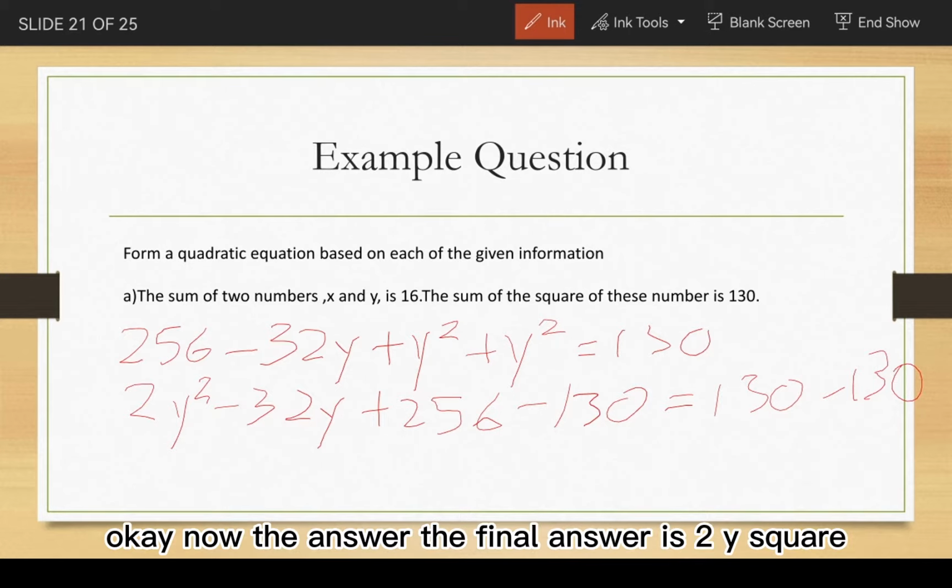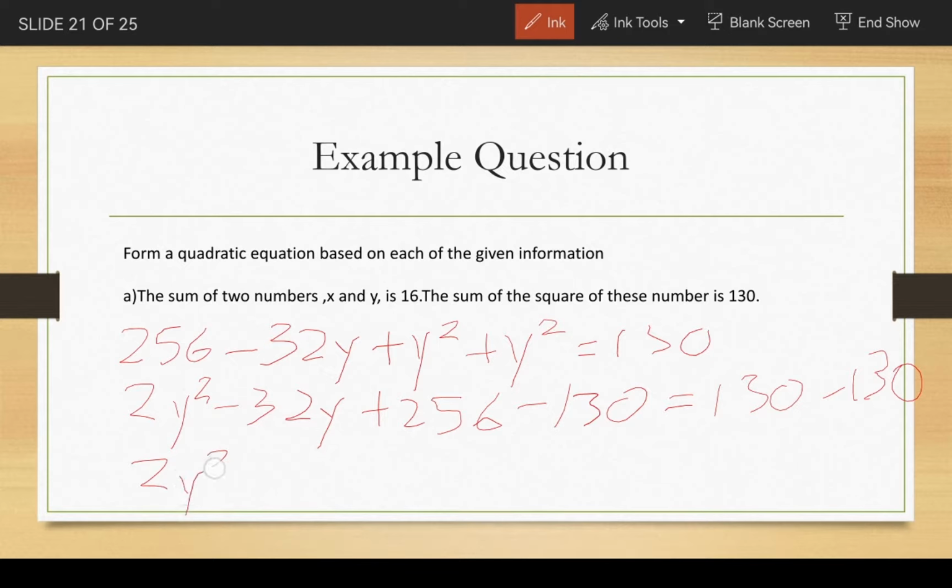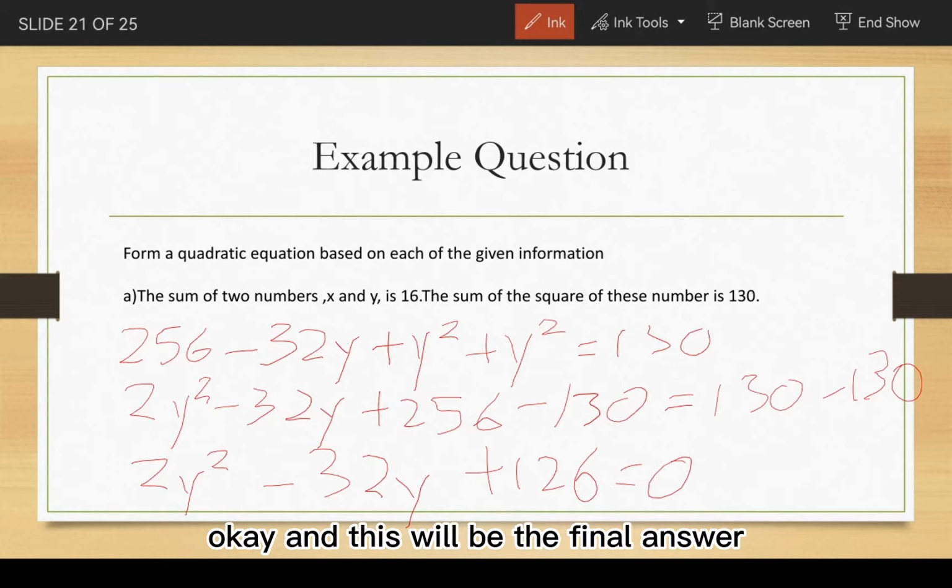Okay, now the final answer is 2y squared minus 32y plus 126 equal 0. Okay, and this will be the final answer because we just need to form, not solve.